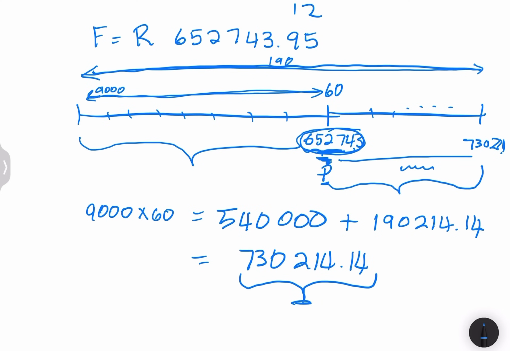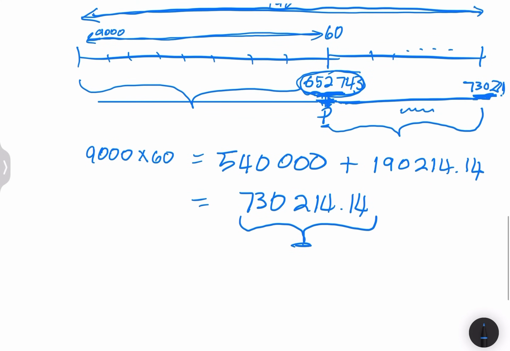Because remember, when this amount was left over the period of time, it accumulated to this amount. So this is the total deposits plus the interest that was earned over this time. But when we leave it, it accumulates to this amount here.